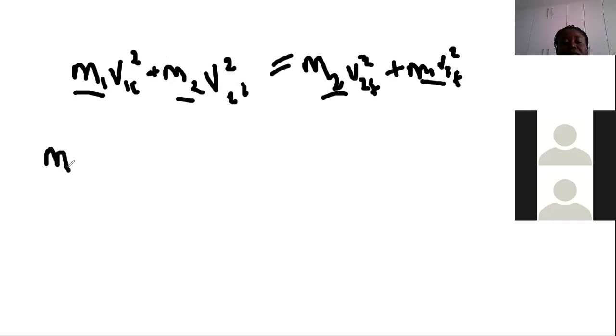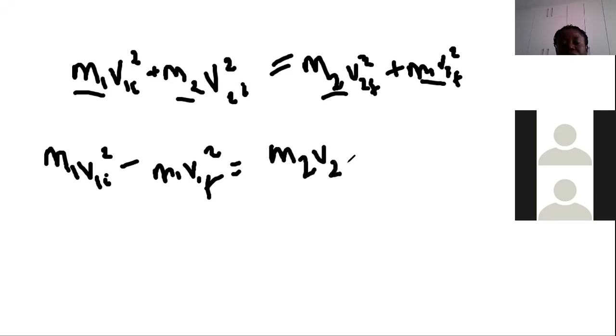We have m1 v1 initial squared minus m1 v1 final squared, equal to, keeping that on this side, m2 v2 final squared minus m2 v2 initial squared.